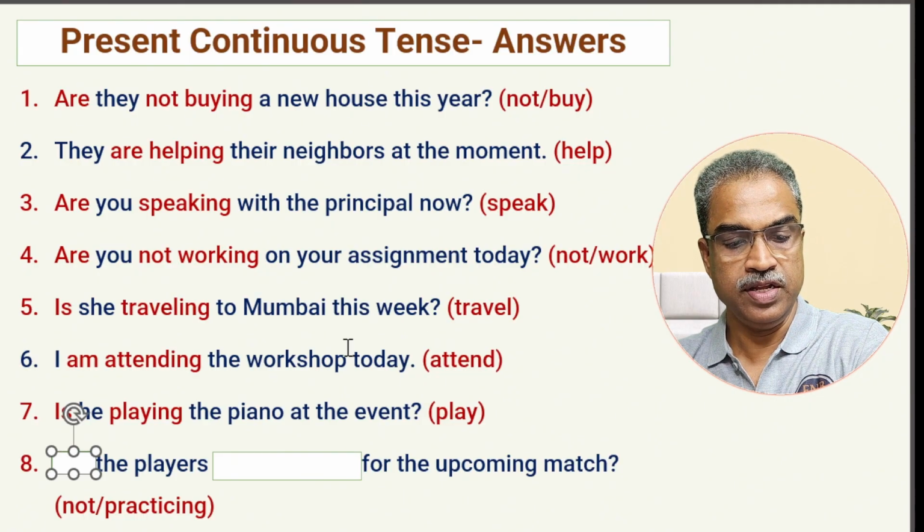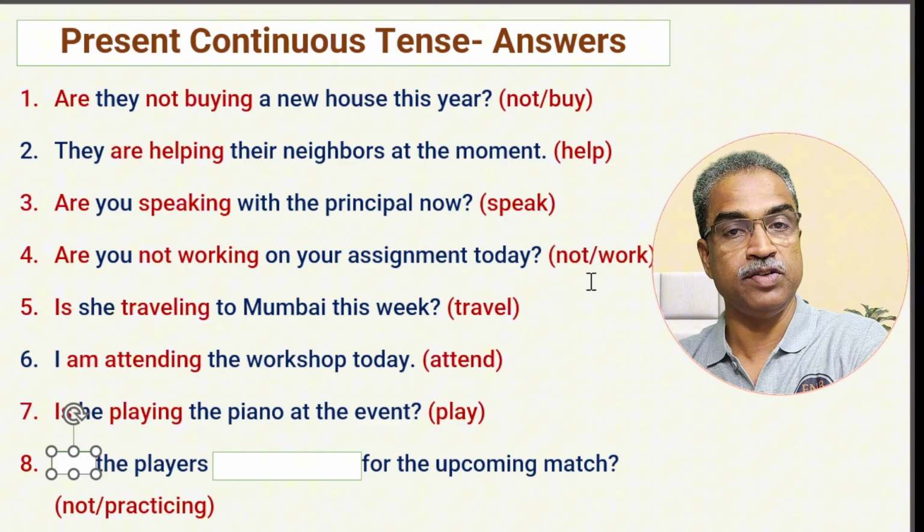The last one here, not practicing. So how will this go? The players means more than one. So which person is it going to be? It is going to be the third person plural, they. So instead of they, now we have used the noun, the players.